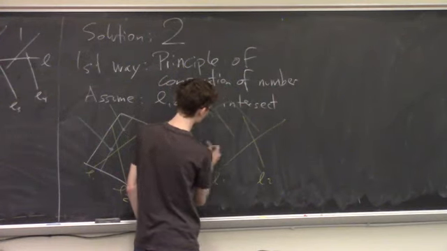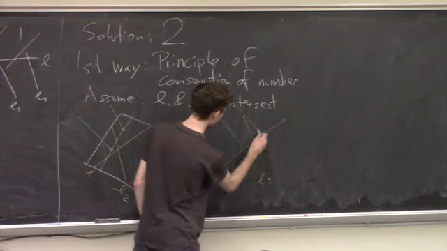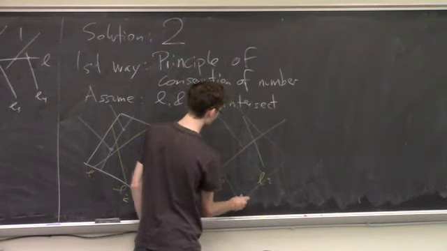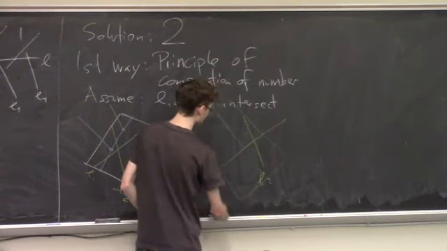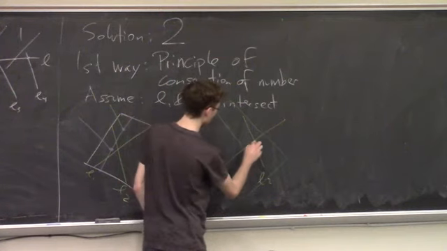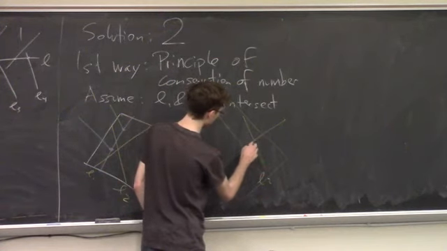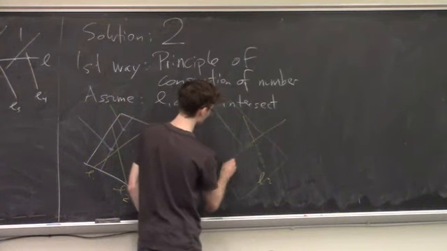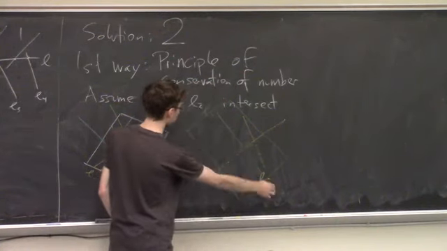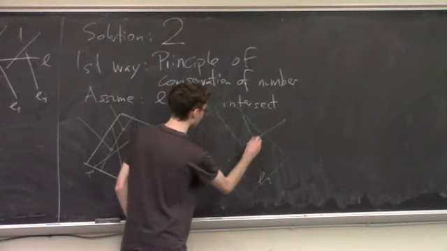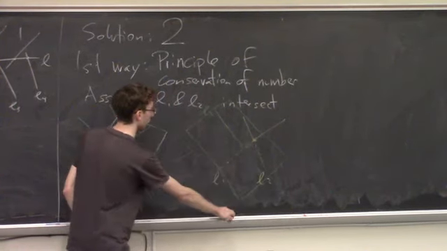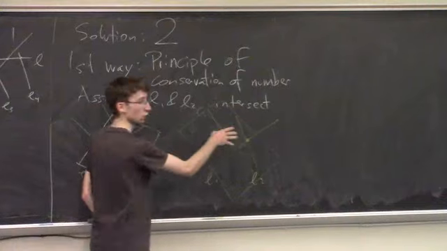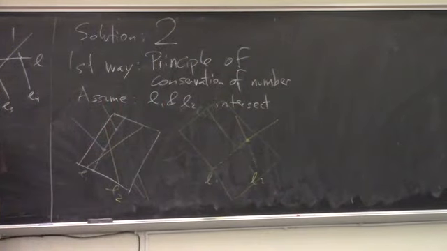And the plane contains L3, and it also contains this intersection point. So maybe now this part is below the plane, this part is below the plane. And now the green line lies in the plane, and the intersection point lies in the plane. But only half of each yellow line lies inside.